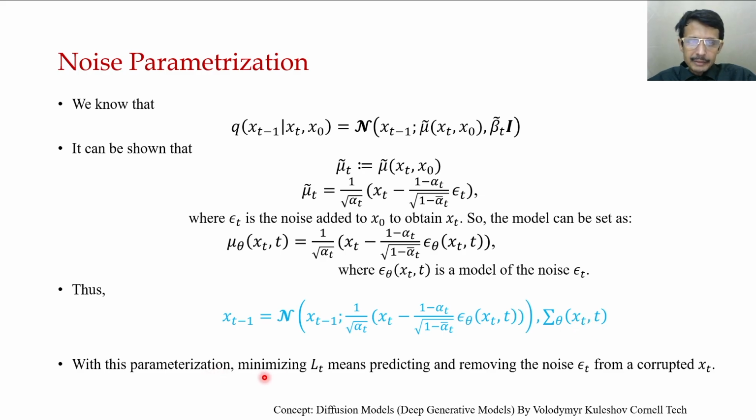So with this parameterization, minimizing LT means predicting and removing the noise epsilon t from a corrupted xt. So we can understand that epsilon t is a noise, and if we remove this noise from a corrupted xt, we can get back x0 or the previous version. So this is the mathematical formulation of noise parameterization.